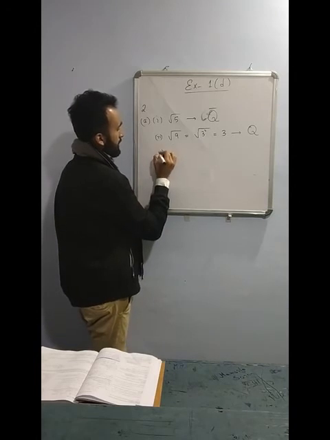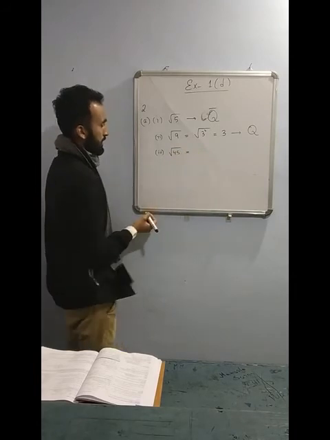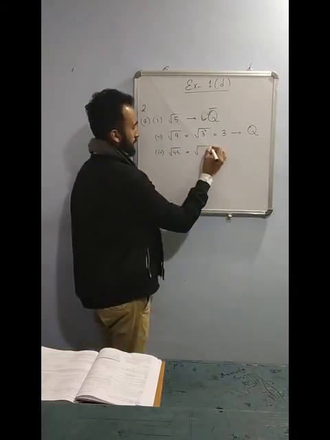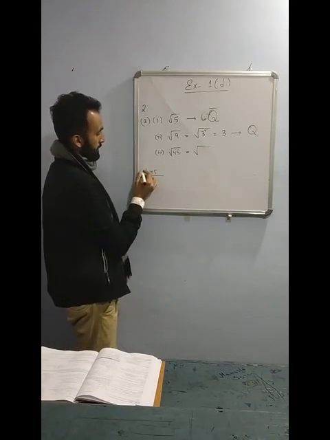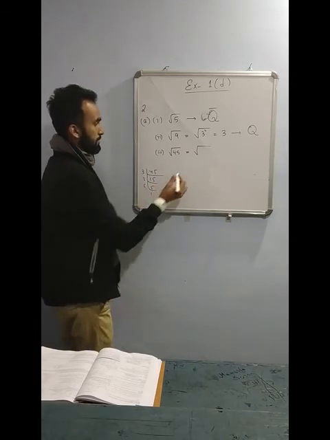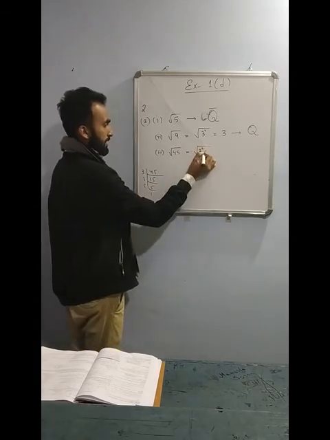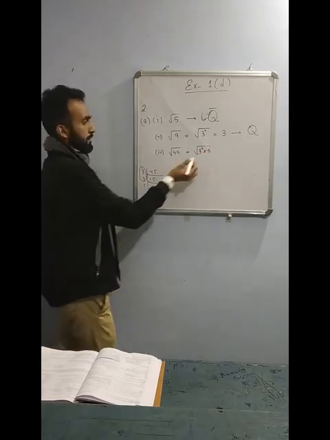Sub number 3 is root over 45. Let me find the factors of 45. 45 is 3 fifteens, 3 fives, and 5 ones. I can write 45 as 3 square into 5, because 3 is double and 5 is alone.